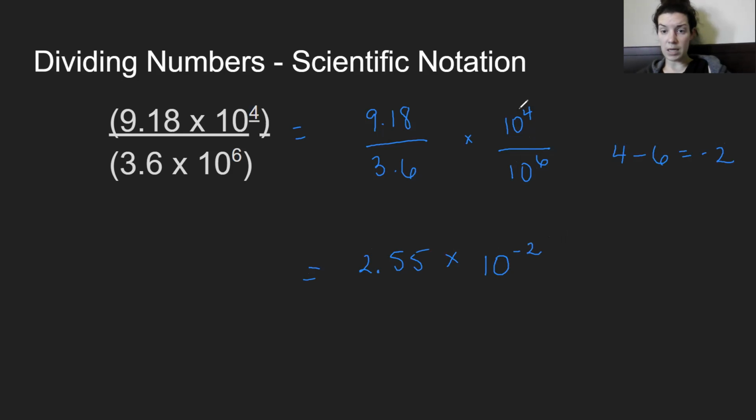Top exponent minus bottom exponent. In this case, it's already correctly written because my decimal point is in the correct position after this division. I'm not always going to be that lucky. Very frequently, I'm going to have to rewrite my final number to make it match the right formatting.